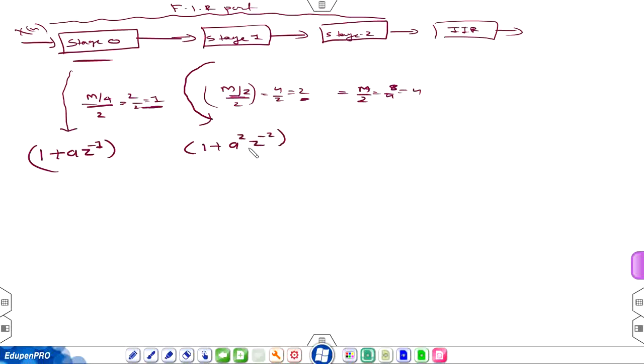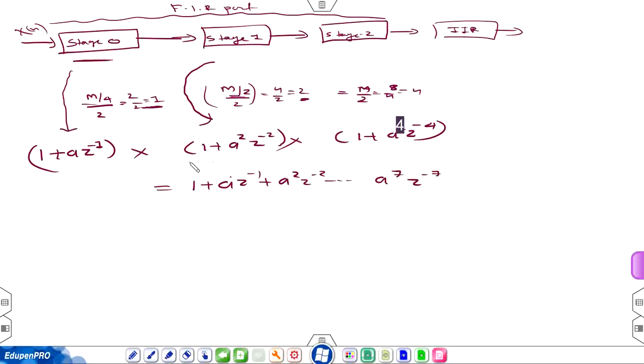So the highest degree will be minus 2, and this part will be 1 plus e to the 4 z minus 4, like this. So if you multiply these 3 terms, you will get 1 plus e z minus 1 plus e square z minus 2 up to e to the 7 z minus 7. You can verify that.